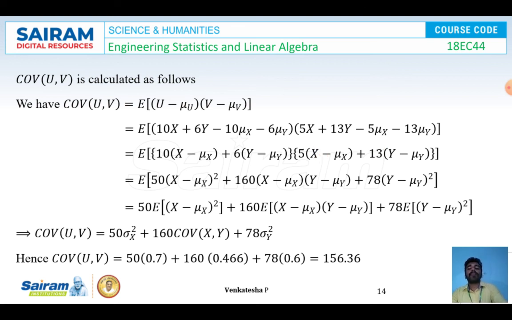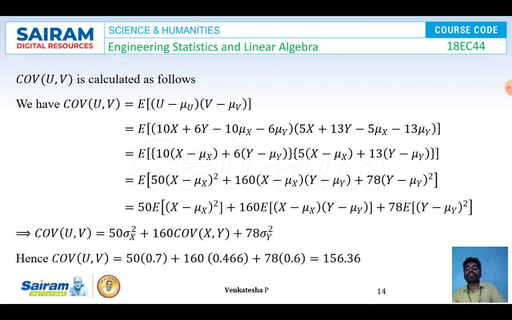Now by multiplying this expression, I got expectation of 50 into (x minus mu x) square plus 160 into (x minus mu x)(y minus mu y) plus 78 into (y minus mu y) whole square. By expanding this, I got 50 into expectation of (x minus mu x) whole square plus 160 into expectation of (x minus mu x)(y minus mu y) plus 78 into expectation of (y minus mu y) whole square.